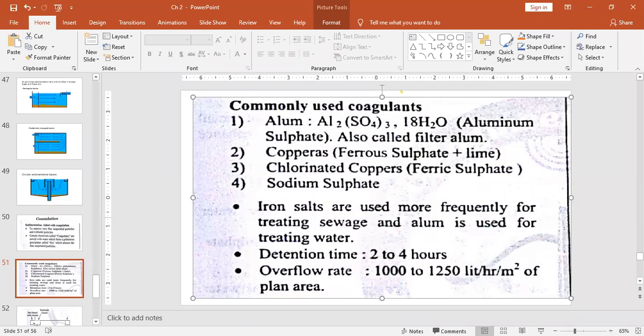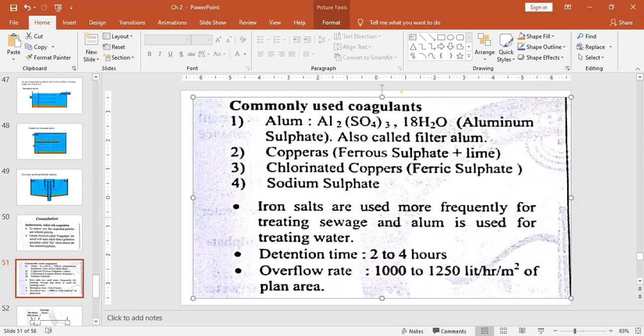Okay, this is a very effective coagulant which can be used in the plant, easily available, cheap, less cost, and in conventional practice it works effectively in a wide range of pH of the water. From 5 pH to 8 pH, it will work effectively.